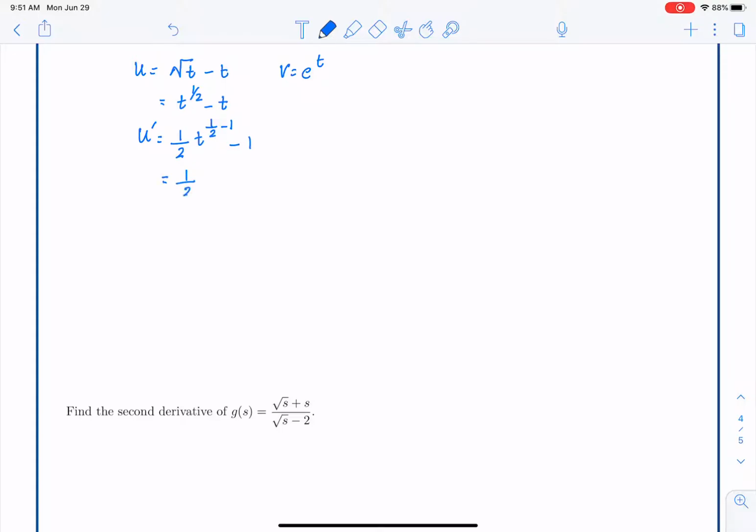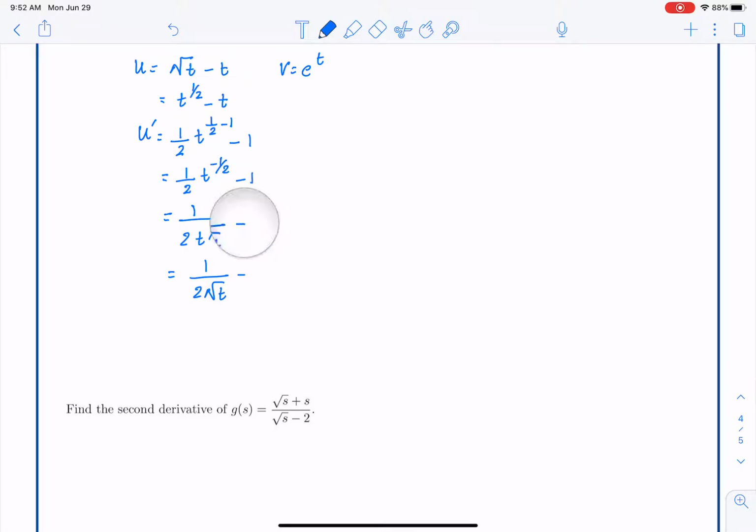So we have 1/2 t raised to negative 1/2, minus 1. Move the t raised to negative 1 over 2 to the denominator. We have t raised to positive 1 over 2, minus 1. And I could write that as 1 over 2 times square root of t, minus 1. V prime is simply e raised to t.